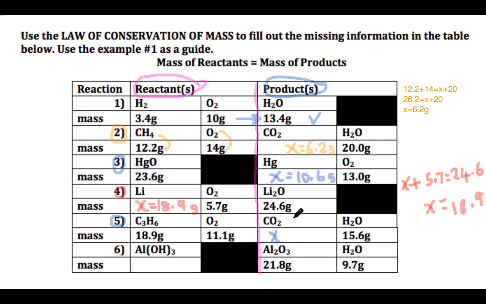What is the mass of carbon dioxide? So add 18.9 and 11.1. So 30. Then you have to subtract 15.6 from 30. So you must be getting 14.4 grams. Am I right?